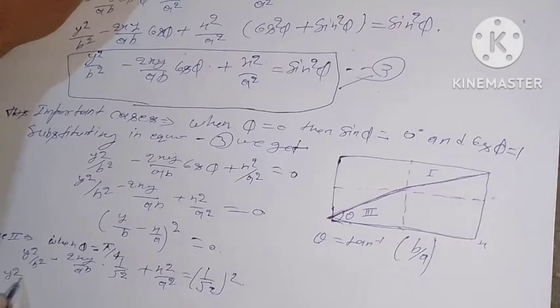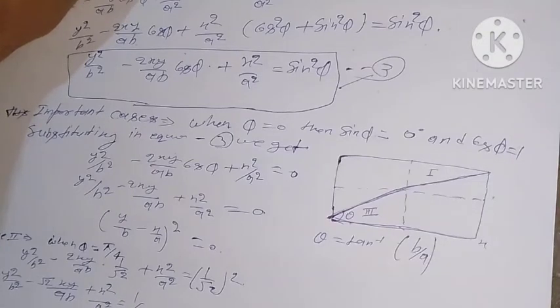That is y square upon b square minus root 2 xy upon ab plus x square upon a square equal to 1 by 2. This represents an oblique ellipse.